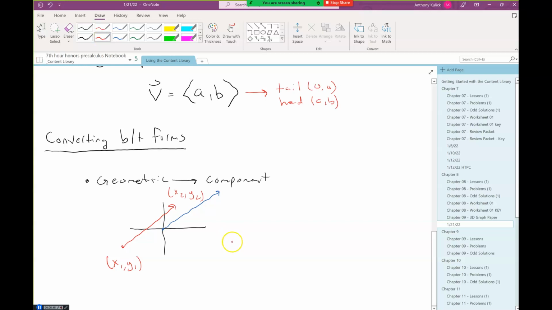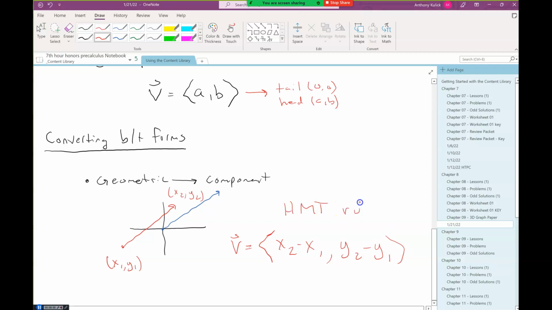Well, very simple to do that. All you're going to do is take the x coordinates and do head minus tail, and the y coordinates and do head minus tail. Sometimes we call this the head minus tail rule. I abbreviated head minus tail as HMT because there's a lot of letters.